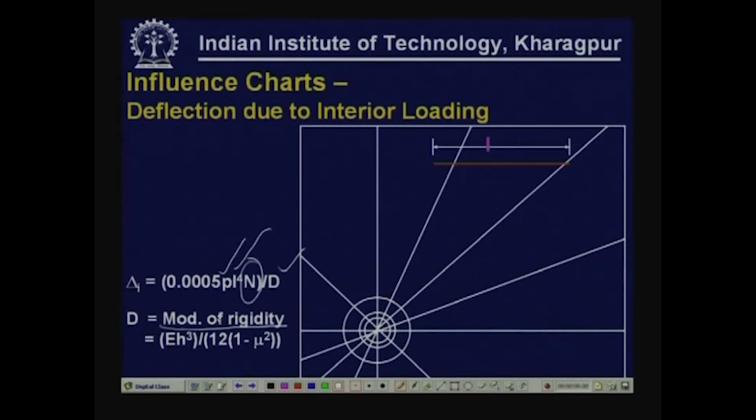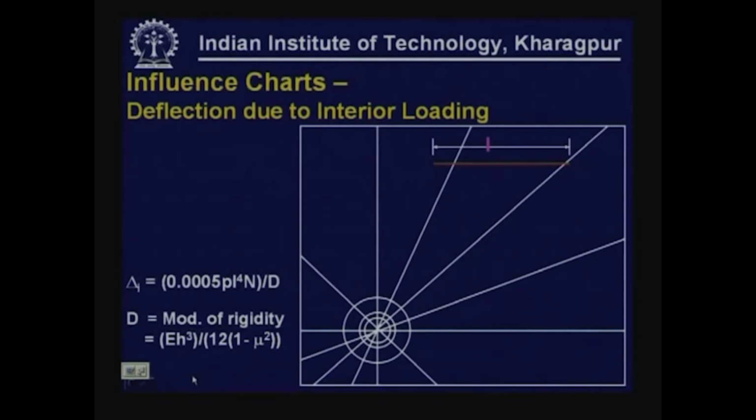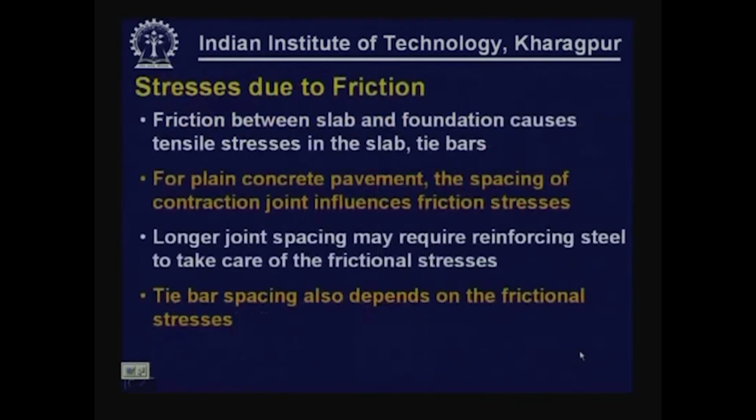If you know the properties of the materials to be used, we can compute the modulus of rigidity. We should also of course know the thickness of the slab. Using these influence charts, we can compute stresses or deflections in different locations for multiple wheel loads and also for wheel loads of different contact areas. There are also going to be stresses due to friction.